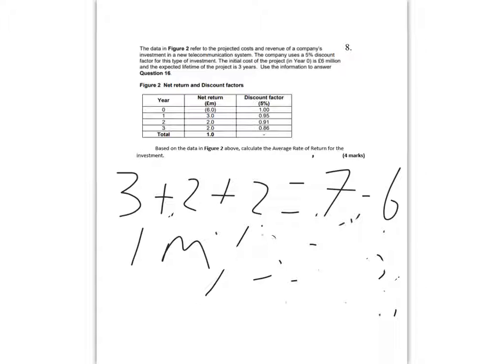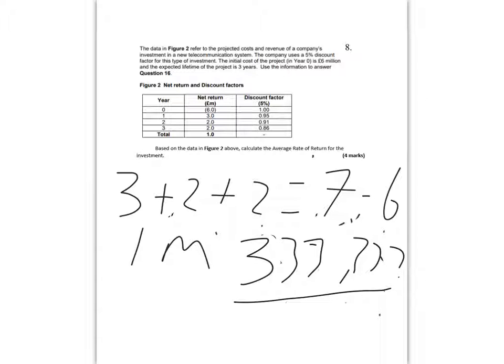We can now finish this off and express it as a percentage of the investment, because to finish it off, all we have to do is the 333,333 divided by the 6 mil, multiply it by 100, and that will give us an answer of around about 5.5.